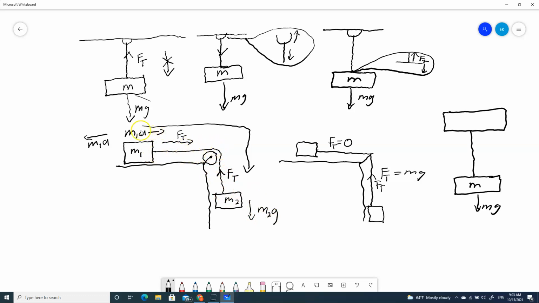Instead, it's a different force that's pulling on M1 in order to get it moving. And meanwhile, M2 in this case actually accelerates with a force of M2a. That's the net force on it that's pulling it down. So Ft in this case is equal to M1a, and that's how you can understand the tension in this situation.